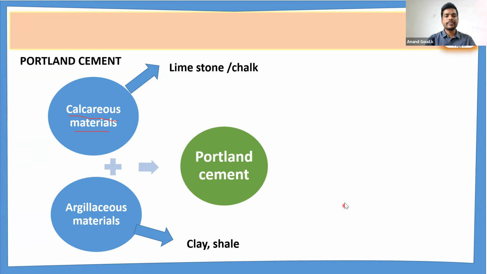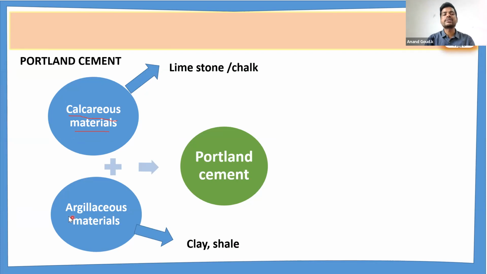Next, the second raw material is argillaceous material. This is the major composition. First one is calcareous material, and second one is argillaceous materials. Before going through the examples, we need to know what calcareous material is and what argillaceous material is.